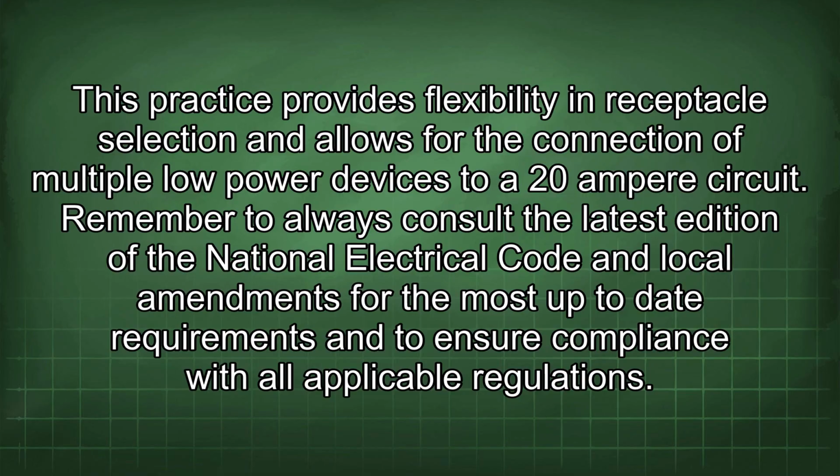This practice provides flexibility in receptacle selection and allows for the connection of multiple low-power devices to a 20 ampere circuit. Remember to always consult the latest edition of the National Electrical Code and local amendments for the most up-to-date requirements and to ensure compliance with all applicable regulations.